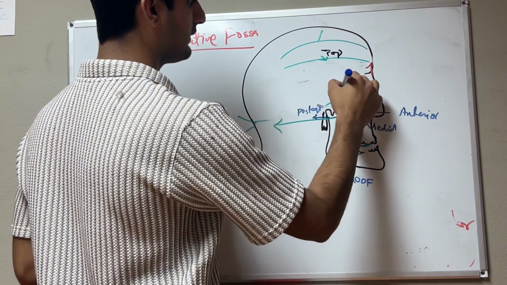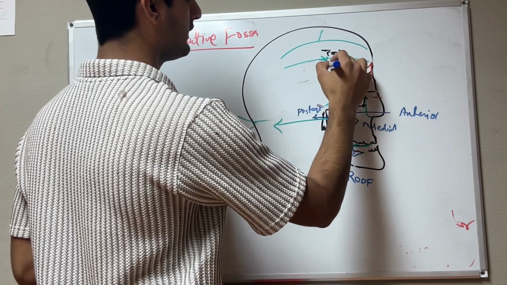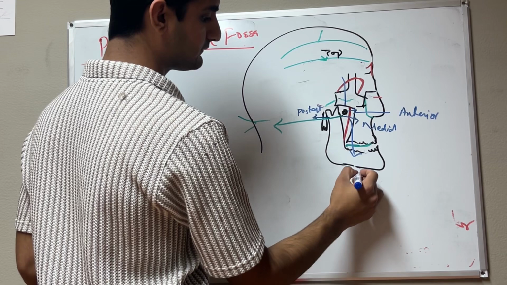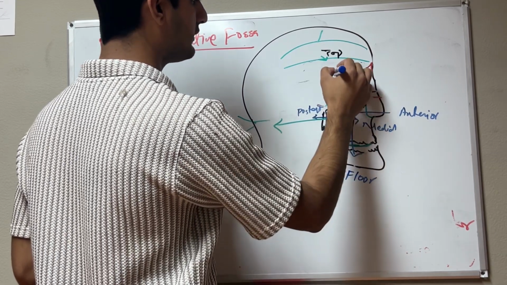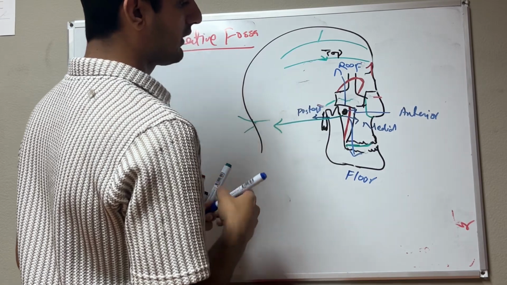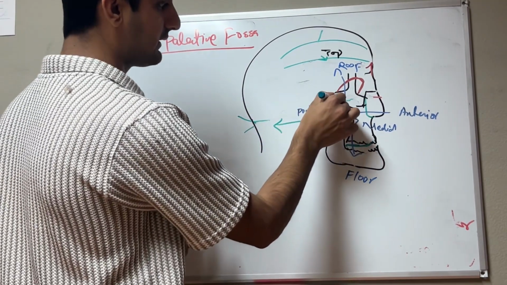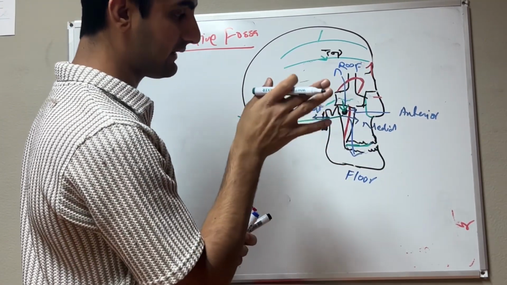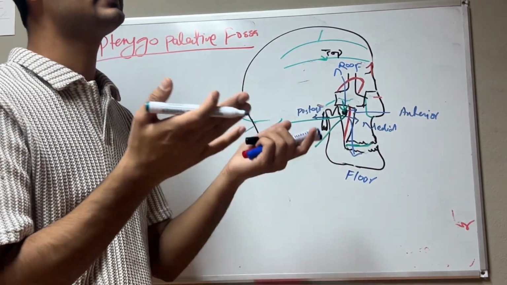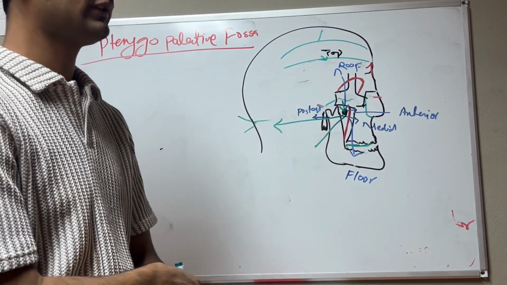Sorry, this is the floor, and this is the roof. This is the lateral surface, which is located laterally, and laterally is the infratemporal fossa.